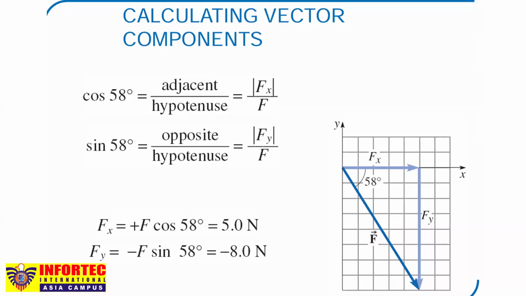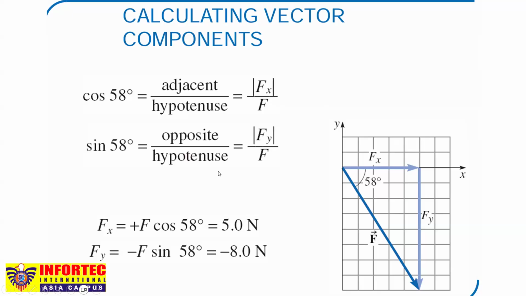Then in this triangle we can express the value of Fx as F cos 58. Is it clear? Then Fx is equal to F cos 58. And sine 58 is equal to Fy over F, so Fy is F sine 58.